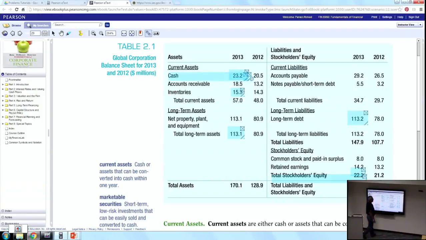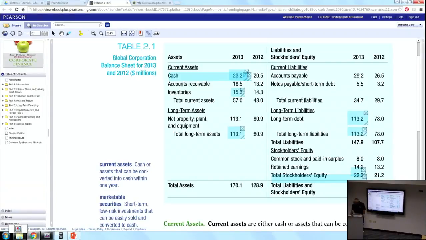Long-term liability will increase by $5 million because I am adding new debt, but there will be no change in book value of equity because the net change on this side would be 5, and the net change on that side would also be 5.